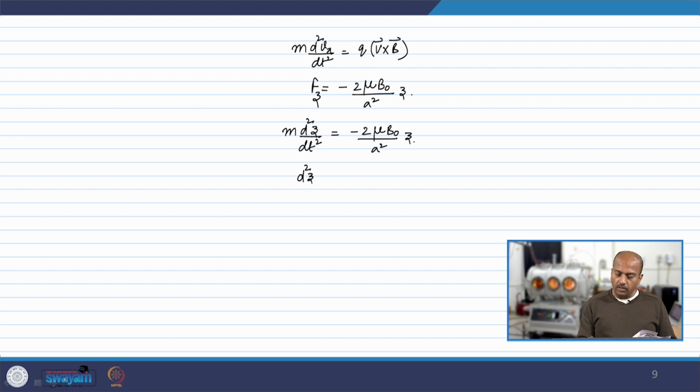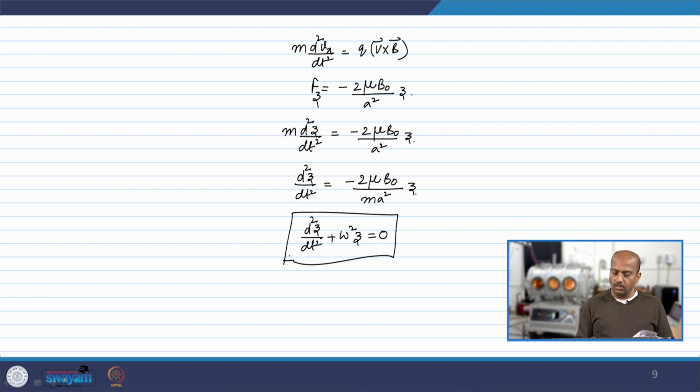So d square z by dt square is equal to minus 2 mu B naught by m A square z. So this appears in the form d square z by dt square plus omega square z is equal to 0. This is a standard way we write a simple harmonic motion, right.